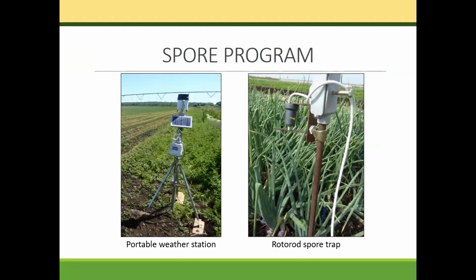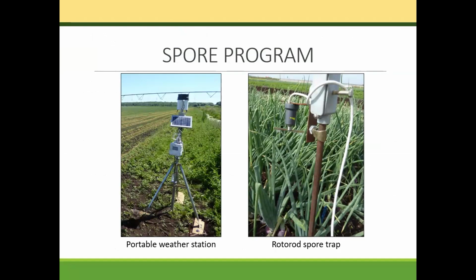And part of our IPM program too is to conduct our spore program. So in addition to the forecasting models that we run using our portable weather station, we also put out rotorod spore traps.